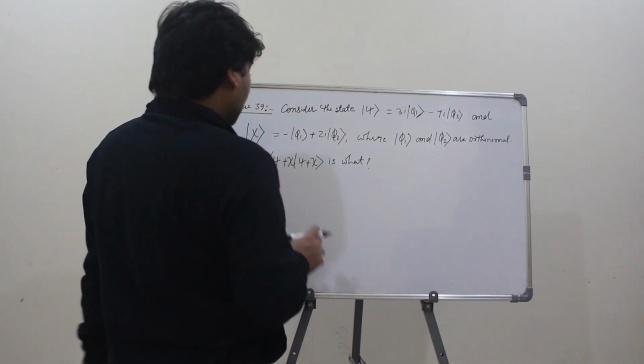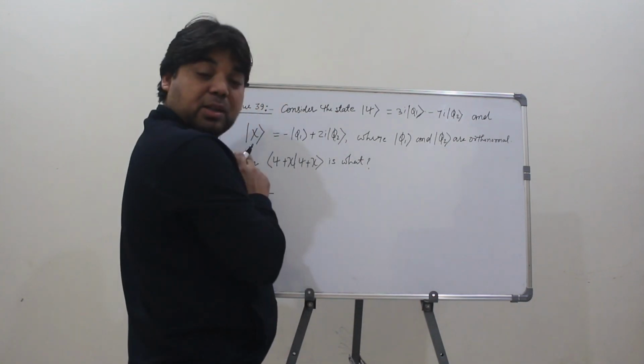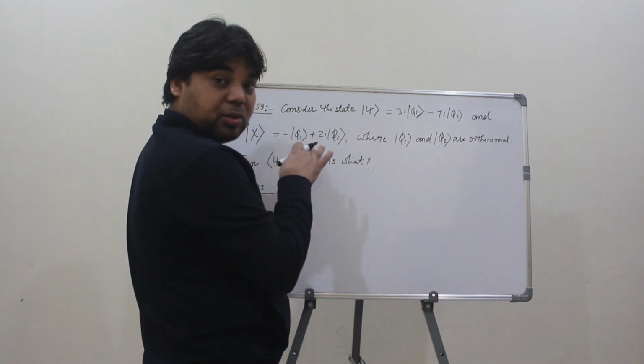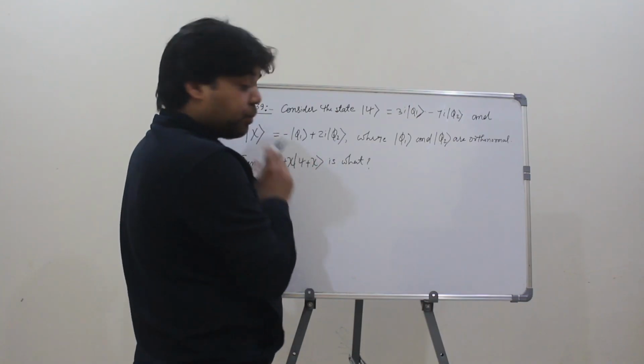If you look at it very carefully, what is psi plus chi? First you need to calculate psi plus chi, then you can calculate the Hermitian conjugate of it. So it will make a bra. So this is the ket and this is the bra, right?